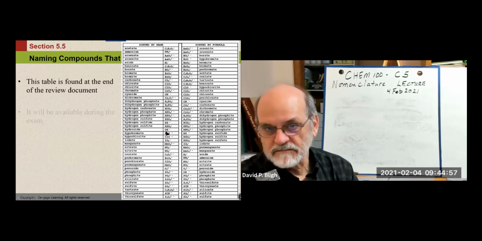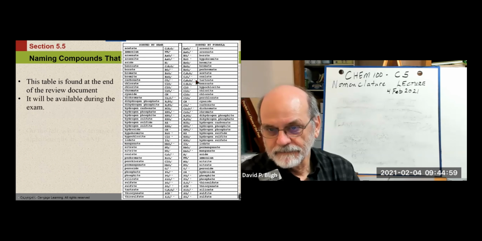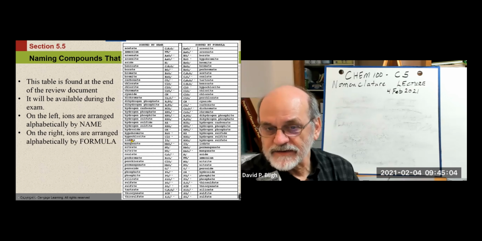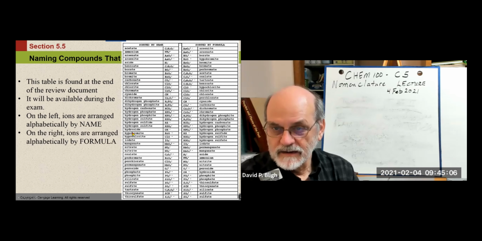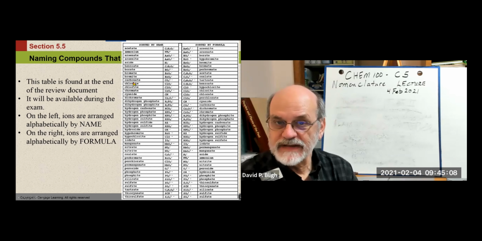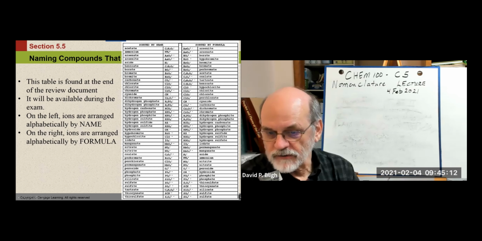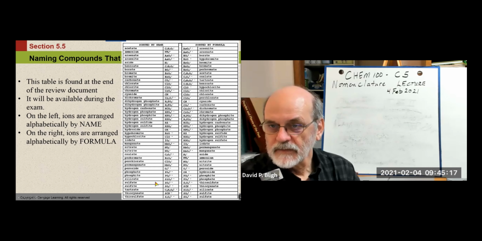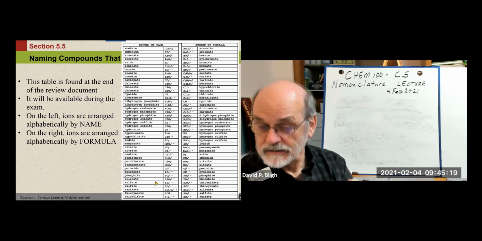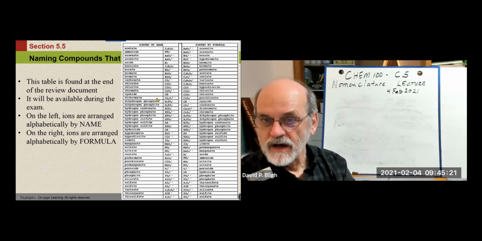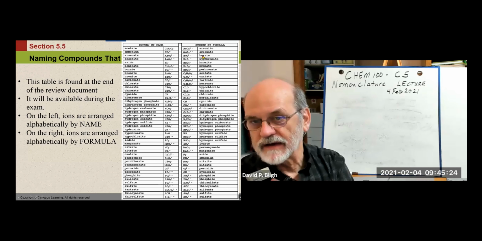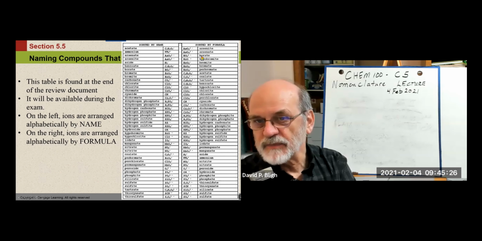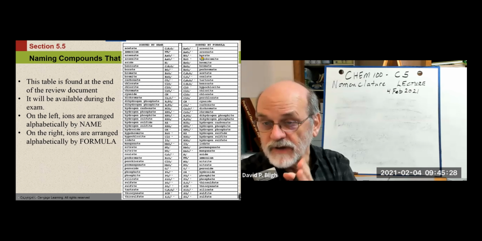Okay, here's what that table looks like. All of these polyatomic ions on the left-hand side are sorted by their names, alphabetically. So acetate will be first, on down through thiosulfate. And then the formulas are given to the right here. Then the same data, all of these members are reshuffled on the right-hand side so that they're organized alphabetically by formula.